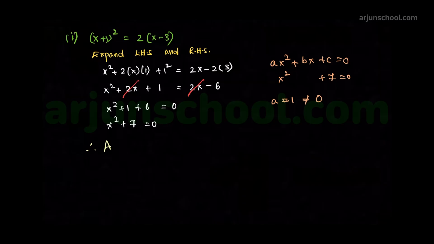Therefore, this is a quadratic equation. Or you can say that the highest power of variable x is 2. Therefore, the given equation x plus 1 whole square is equal to 2 into x minus 3 is a quadratic equation.